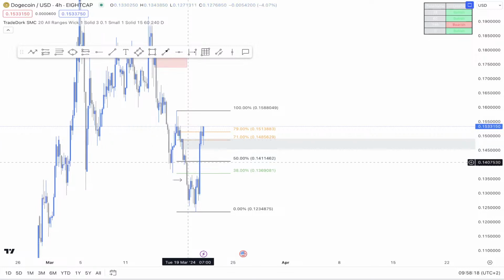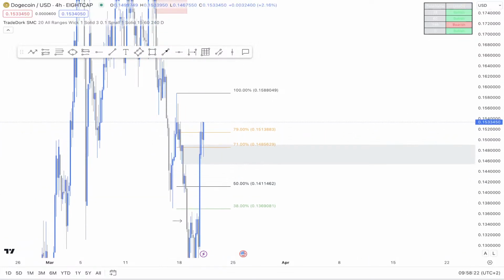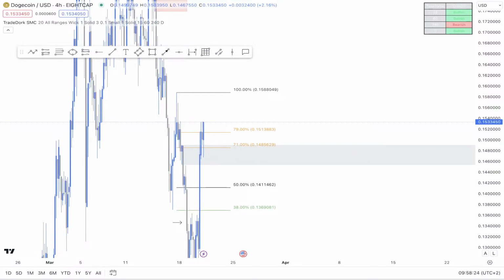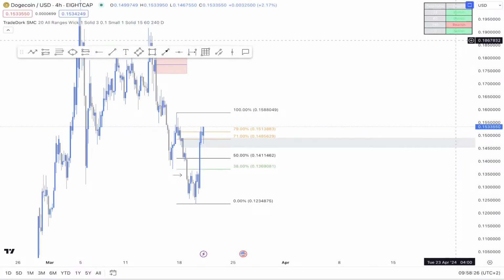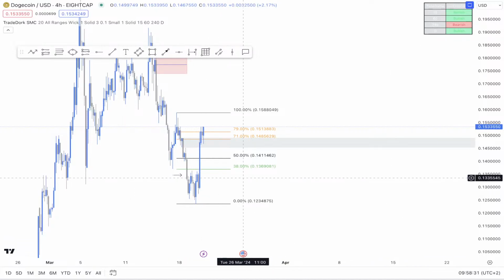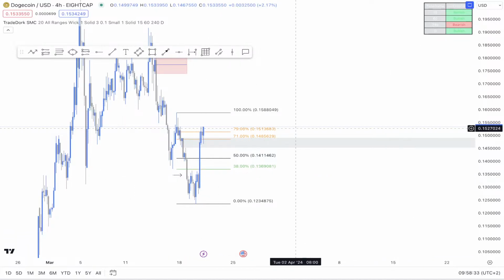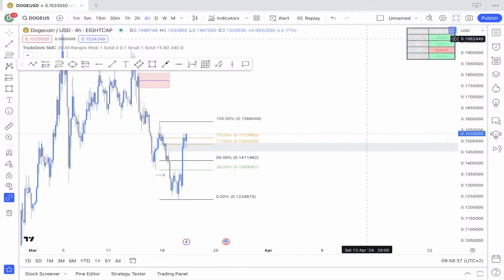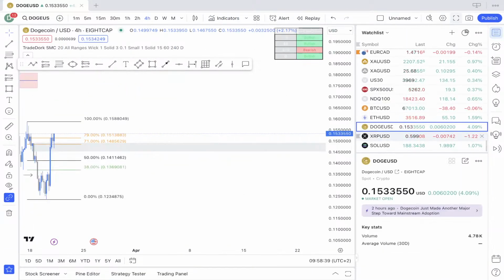I also saw that imbalance was left behind because I was able to identify this unmitigated order block that was lining up with the point of interest. The 4-hour was also bearish on the graph, and the pullback wasn't too much of an aggressive one. That's why I decided to still take this setup. And we shall wait and see how this one will play out.